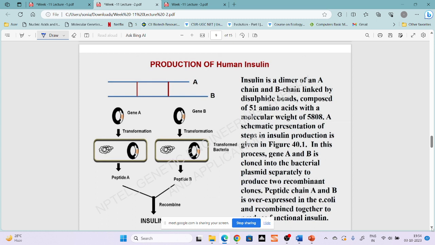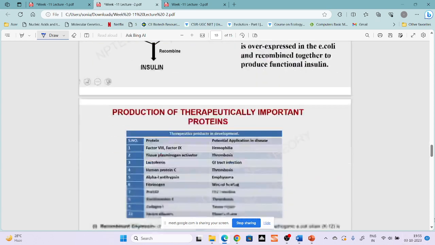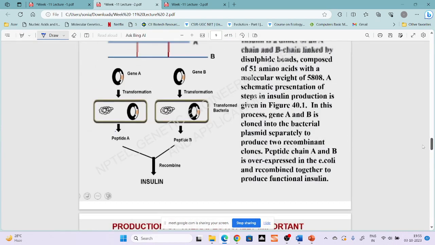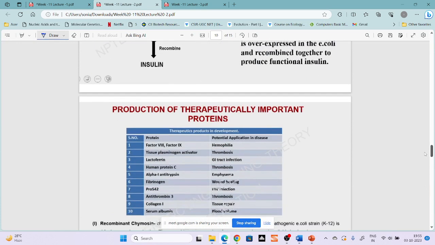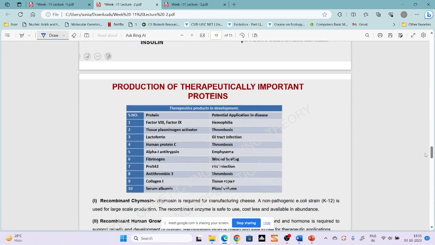Individually you clone your A chain, individually you clone your B chain, you transform, then you express, then you have the peptides, then you recombine them, and you get the recombinant insulin. Using the basic genetic engineering approach, there is a list of therapeutic proteins which are in use in recombinant technology.